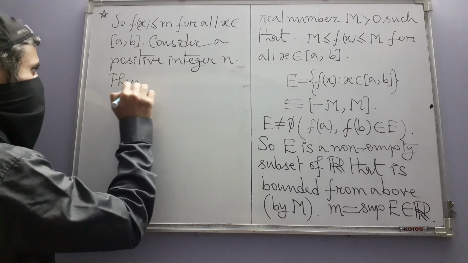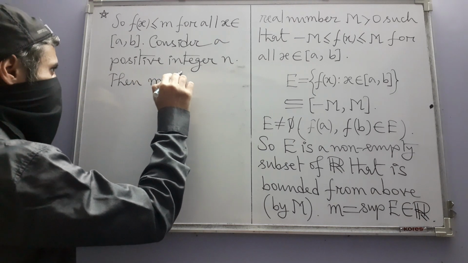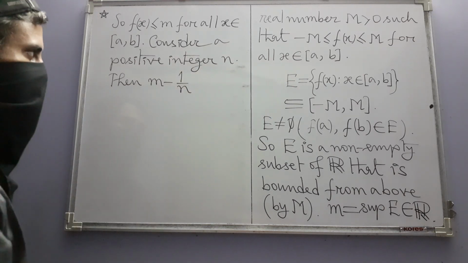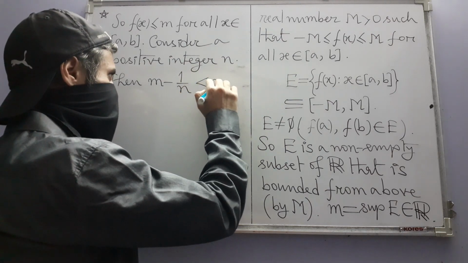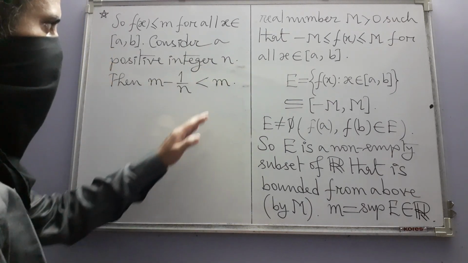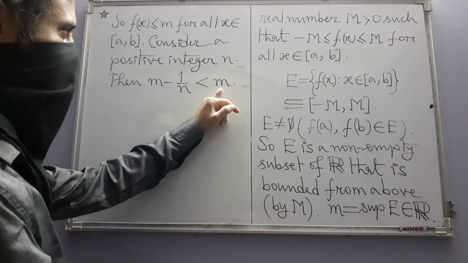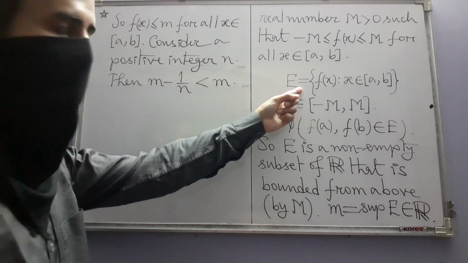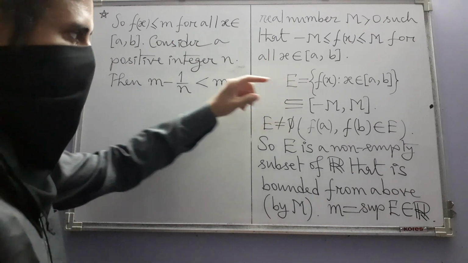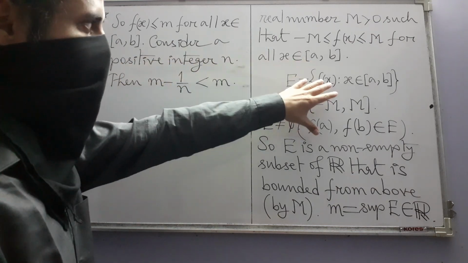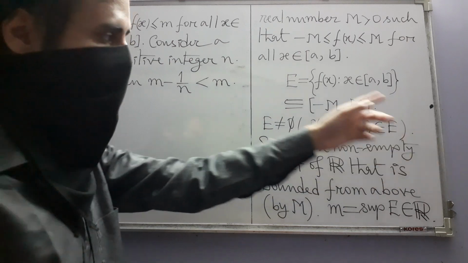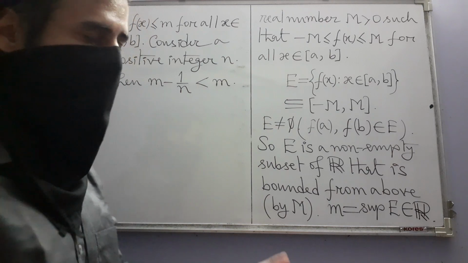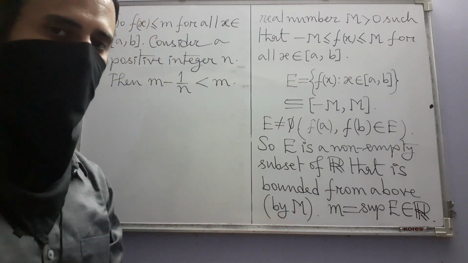Then what about this number, m minus 1 over n? Obviously it is less than m. So if m is the least upper bound, this is even smaller than m, so it can no longer be an upper bound for the set E, which means that it cannot bound the set E from above. So at least one element of E has to exceed this in order to make it not an upper bound.